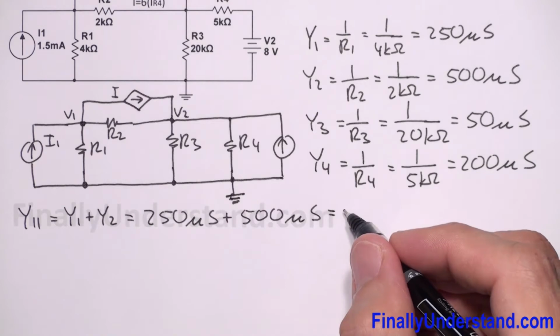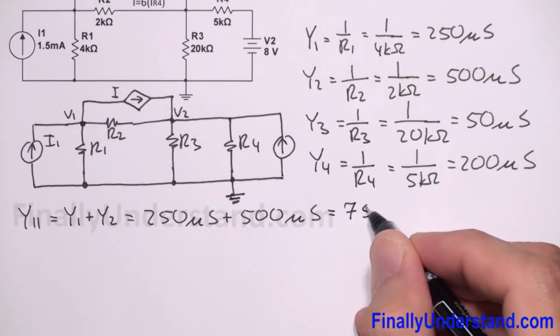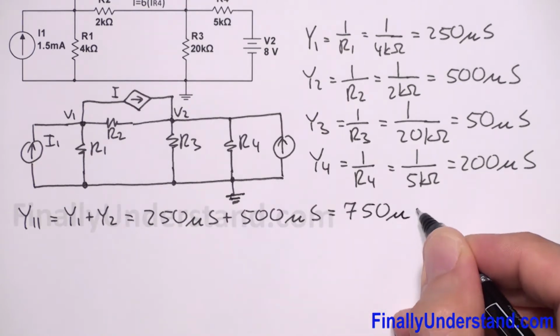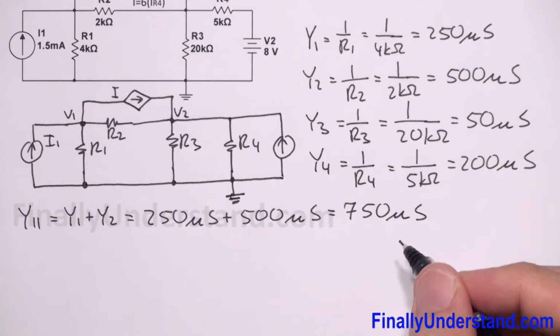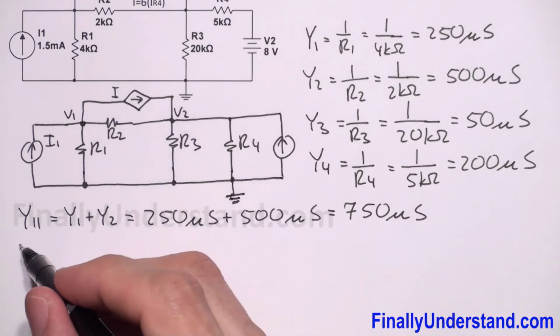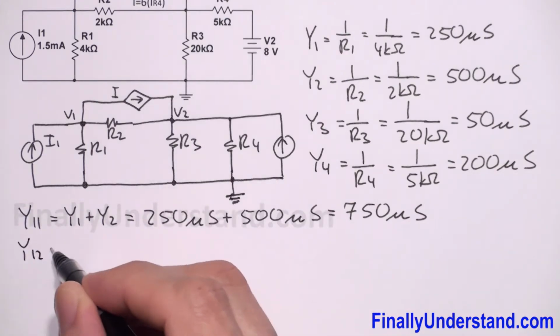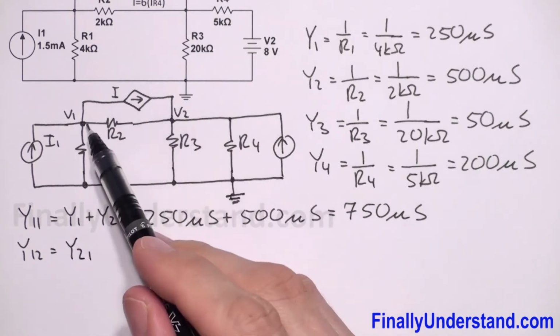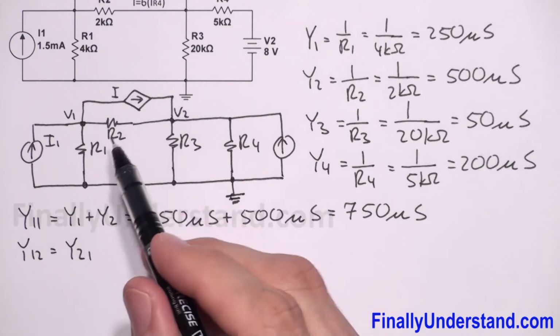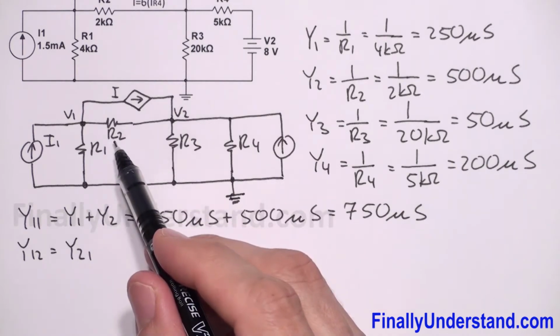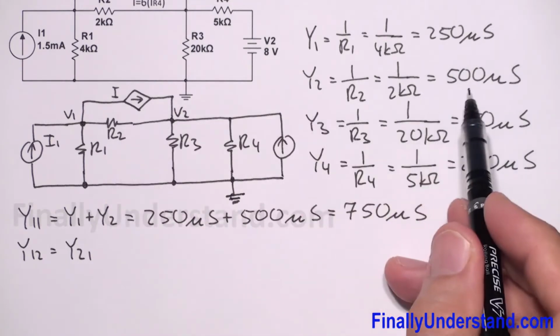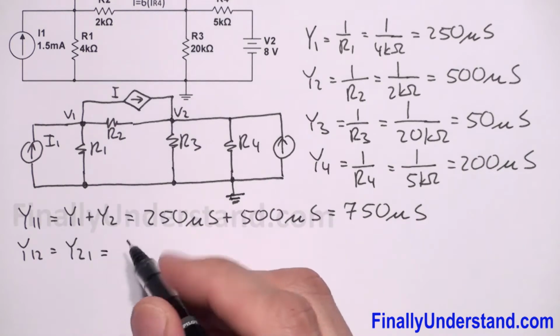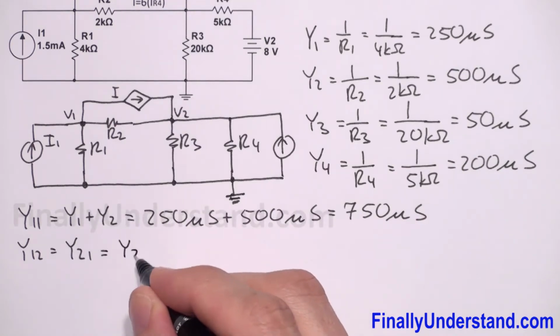This is equal to 750 microsiemens. Next, I'm supposed to find admittance Y12, which is equal to admittance Y21. This is the admittance between these two nodes. So this admittance is equal to Y2, and this is equal to 500 microsiemens.